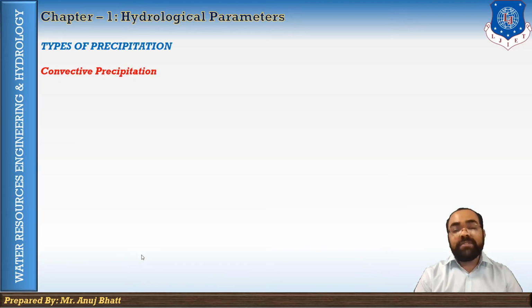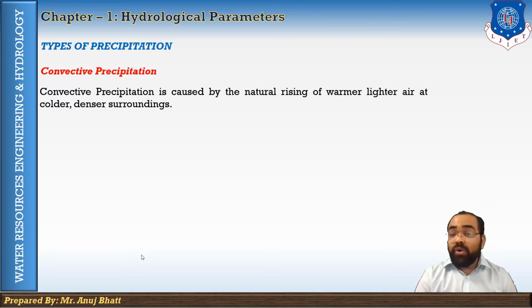Next is convective precipitation. Convective precipitation is caused by the natural rising of warmer, lighter air in colder, denser surroundings. Differences in temperature can result from unequal heating at the surface or unequal cooling at the top of the air layer.